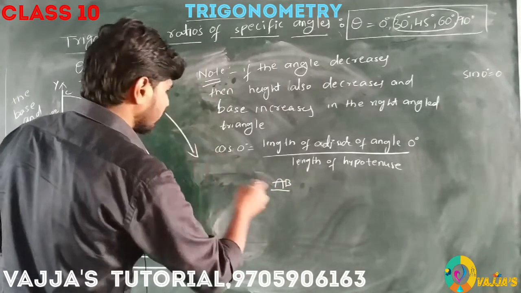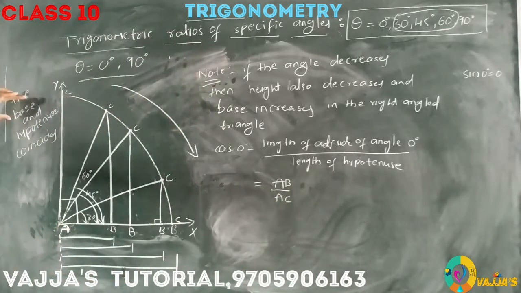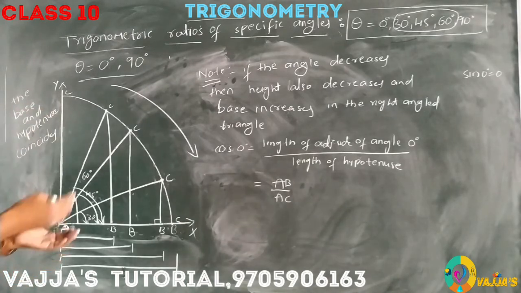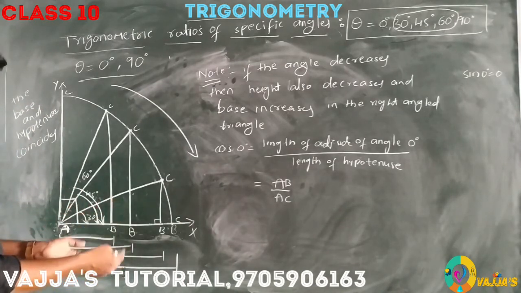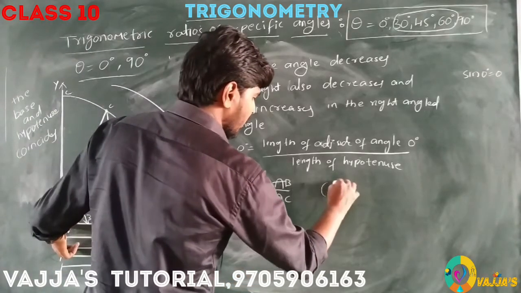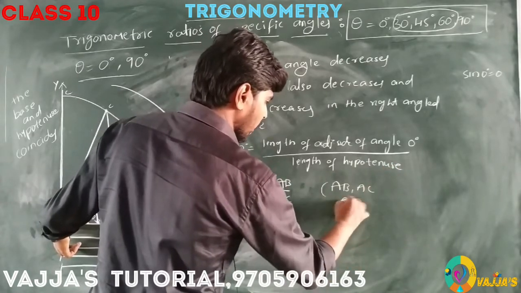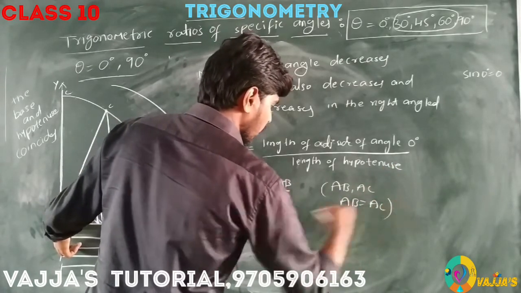And length of hypotenuse means AC. Look at here. The base and hypotenuse coincide here. It means the adjacent side and hypotenuse coincide. That means AB and AC both are same. In particular AB equals AC.